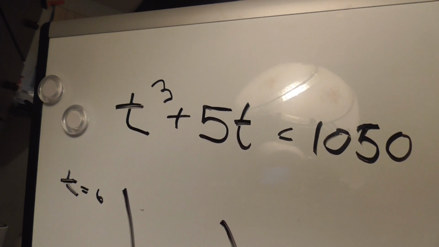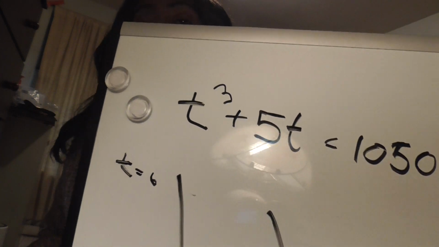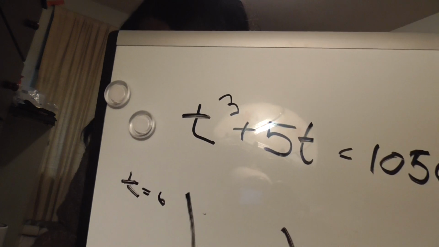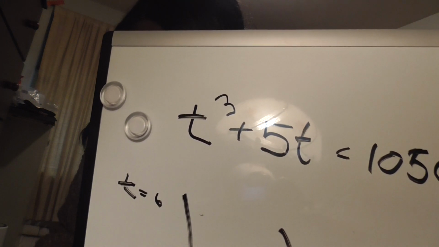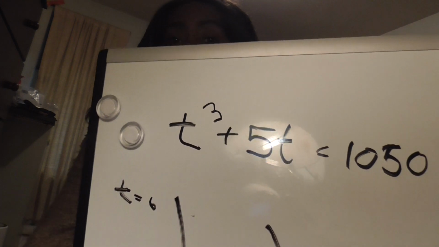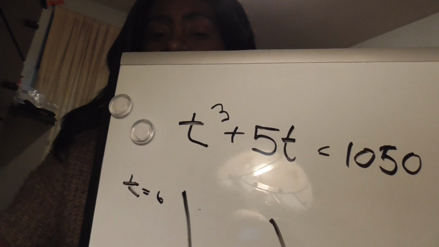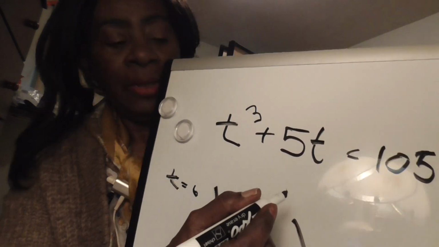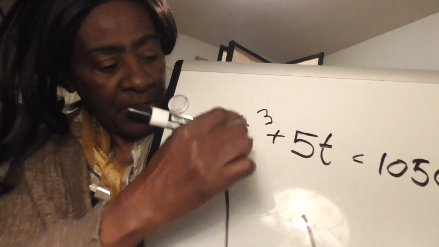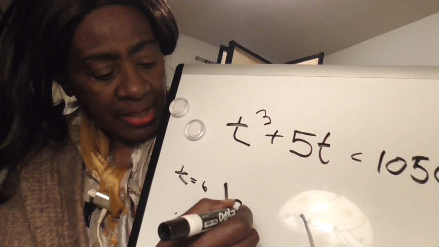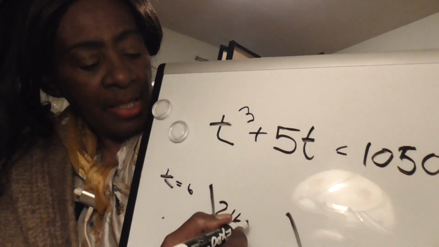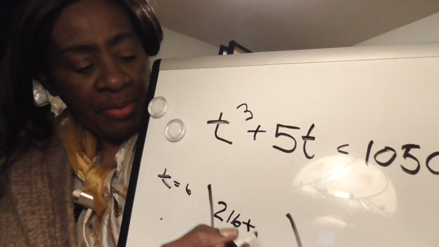So we're saying that if we give t the value of 6, then 6 to the third power means 6 times 6 times 6. So if t were 6, t to the third power would be 216. 6 times 6 times 6. Plus 5 times 6 is 30.